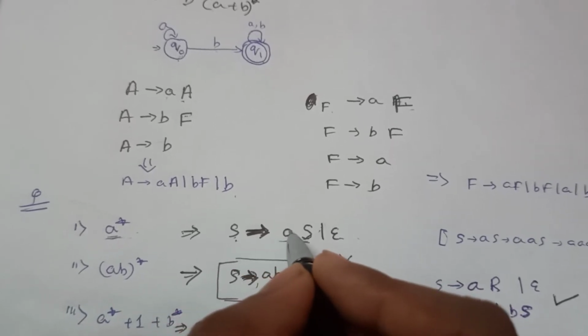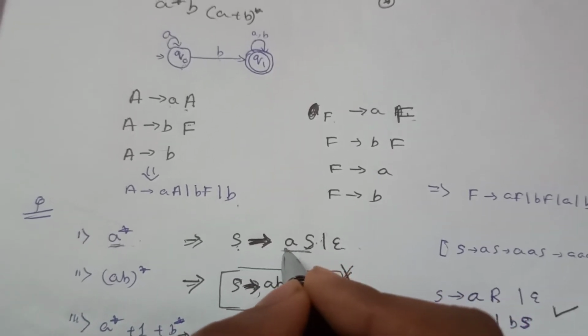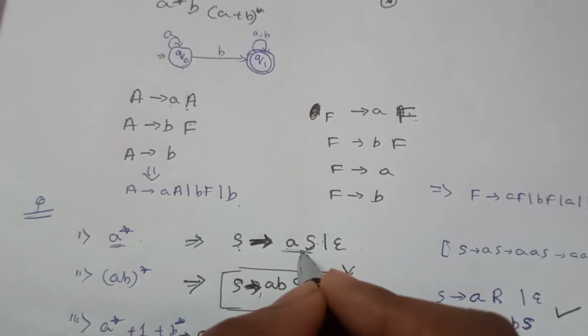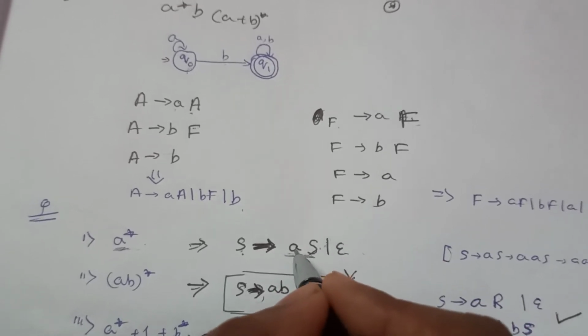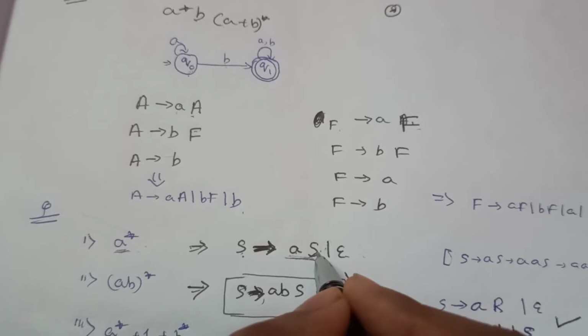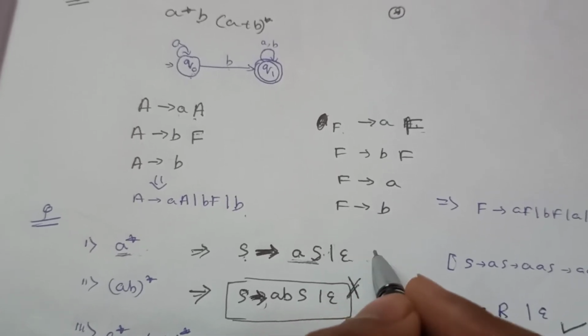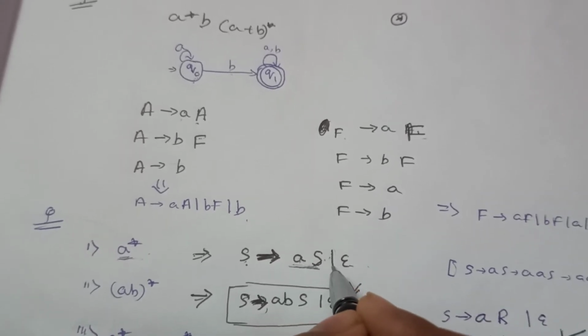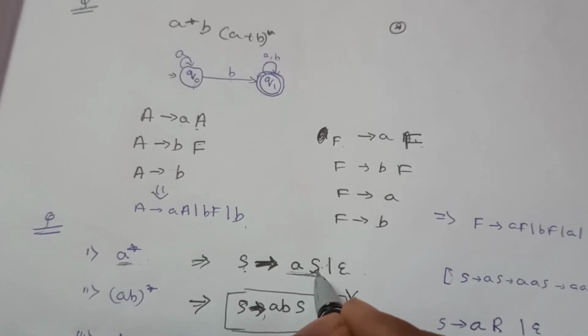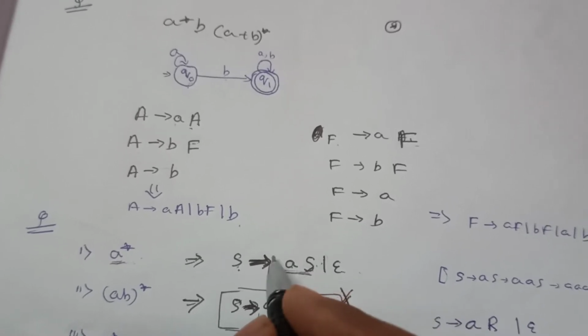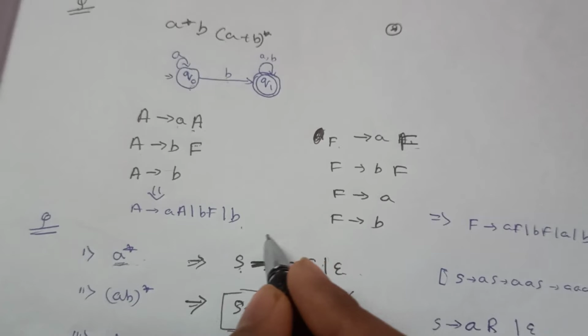Okay, so from S to AS, see, we are writing this type of symbols for loops. Here we can put another AS for this S and then another AS, so the number of A's will increase if we put AS for this S again and again. So this is the type of production rule we write for loops.